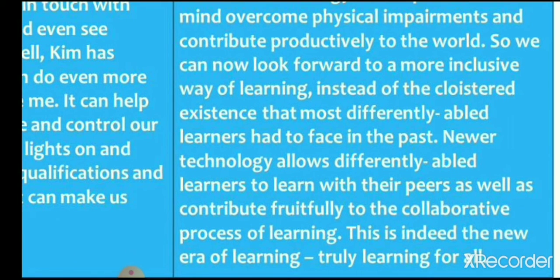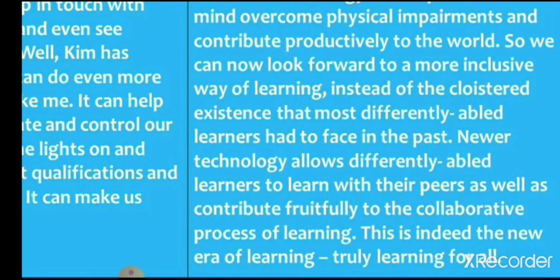So we can now look forward to a more inclusive way of learning instead of the cloistered existence that most differently abled learners had to face in the past. Newer technology allows differently able learners to learn with their peers as well as contribute fruitfully to the collaborative process of learning. This is indeed the new era of learning, truly learning for all.